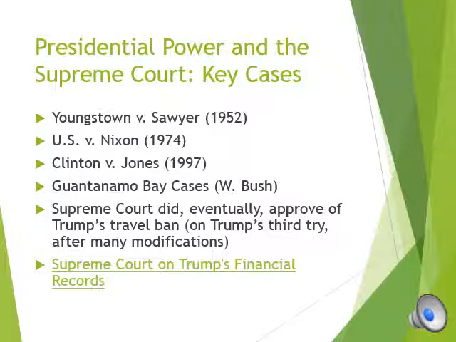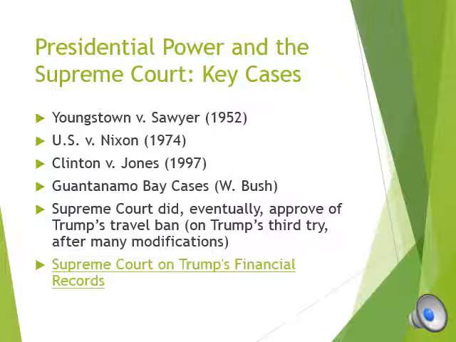Where is the theater of war? It's over in Korea. Does that include the power to seize steel mills back in the U.S.? It does not. So while the court respected the president's powers as commander-in-chief, they said they only extend to the theater of war. Truman had overreached.